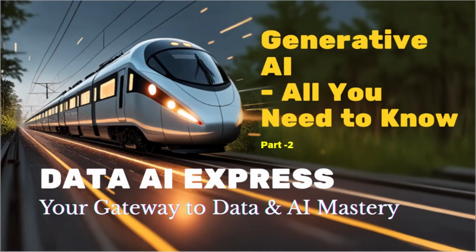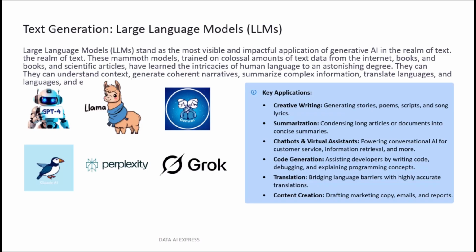First up, let's talk about text generation and large language models. LLMs are the very core, the heart of generative AI. But what are they really? Imagine taking all the information on the internet, every article, every book, every conversation on Google, and feeding it into a single model to train it.